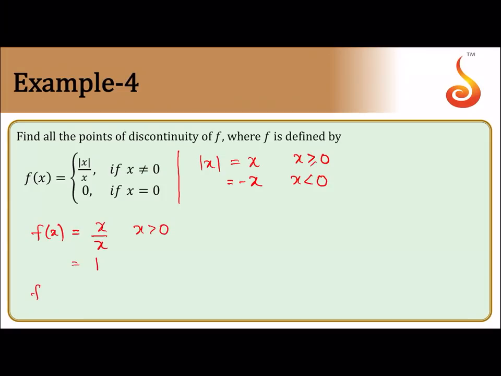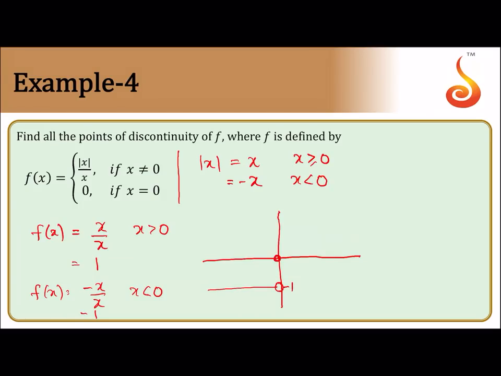So what he wants to say is f of x is x by x whenever x is greater than 0, which will give you 1. f of x equal to minus x by x whenever x is less than 0, which is equal to minus 1. So clearly the function is discontinuous at 0. At x equal to 0 it is 0.